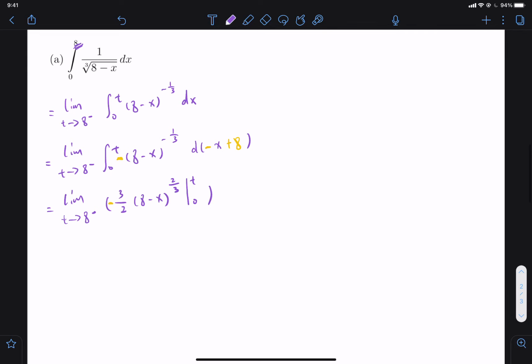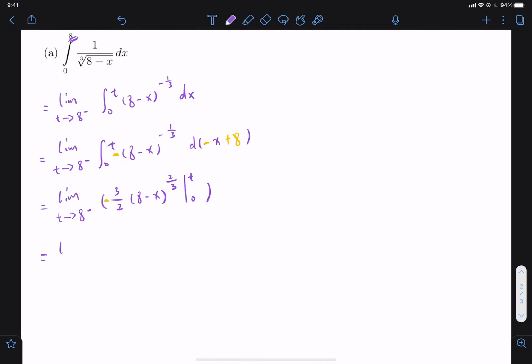And if you plug in, then you have the limit as t goes to 8 minus, right? This is negative 3/2, (8 minus t) to the 2/3, minus 8 to the 2/3. Right.